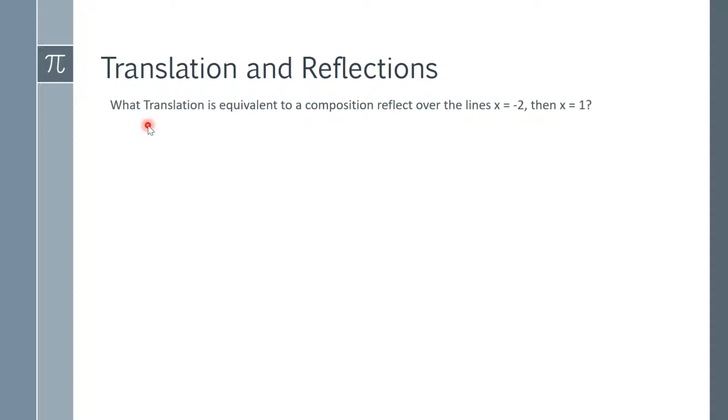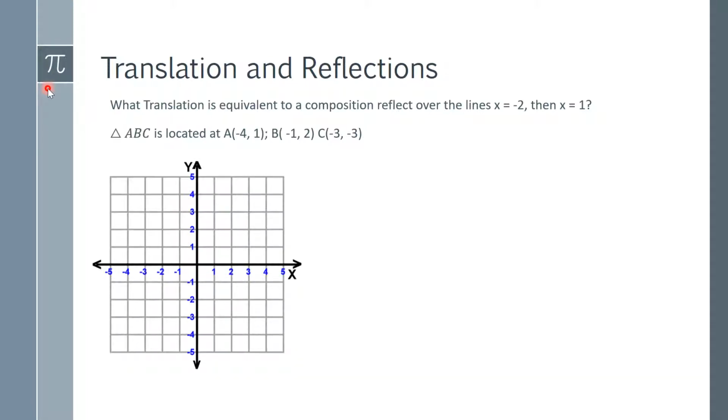All right, so let's take a look at an example here. What translation is equivalent to a composition reflection over the lines x equals -2 and x equals 1? So let's take a look. We've got a triangle located at -4, 1, -1, 2, and -3, 3. I'm not even going to draw that triangle out because we don't need to draw the triangle out to figure out what the translation is going to be.